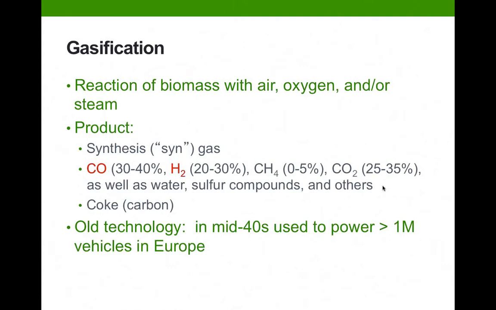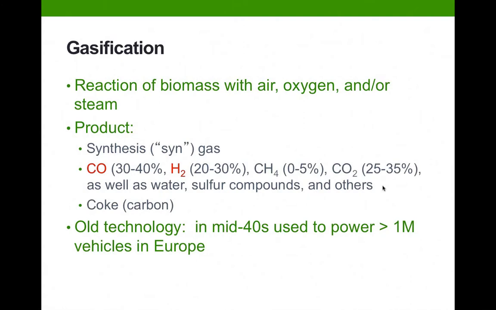And specifically what gasification produces is this product called synthesis gas, or syngas. And the main composition of those molecules is carbon monoxide and carbon dioxide, as well as hydrogen and methane and water vapor. And it's the carbon monoxide and the hydrogen that we really care about because they have a lot of energy.